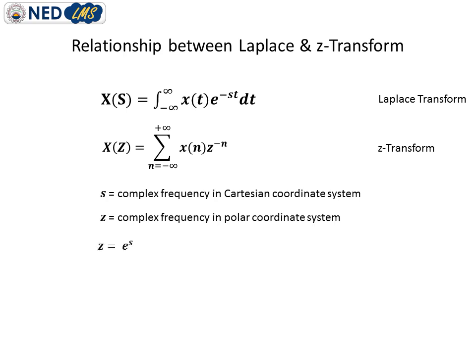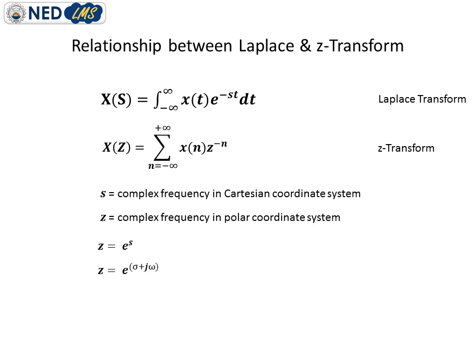We will try to explore this further, as z is equal to e raised to power s, by comparing the first and second equation. The t variable is eliminated because here it is continuous time domain and here we are dealing with the discrete time domain. So t is replaced by n and integral is replaced by summation sign because we have discrete sample values.